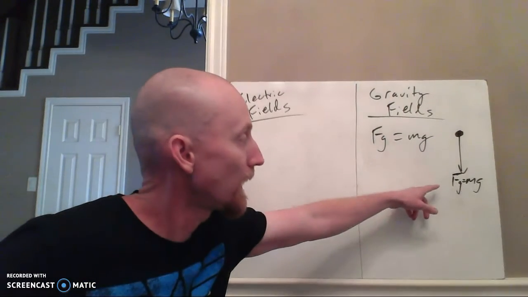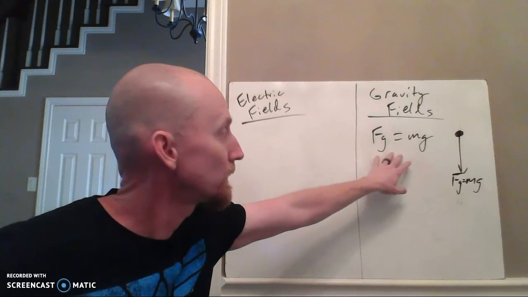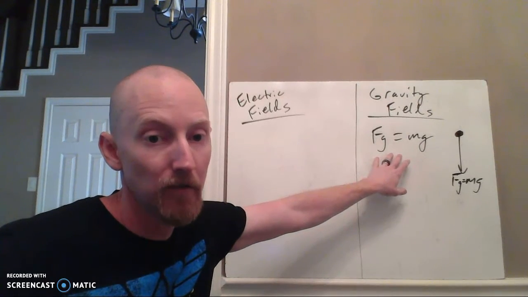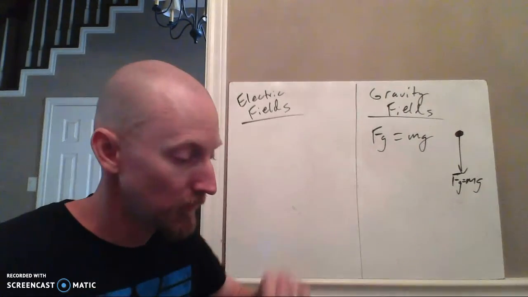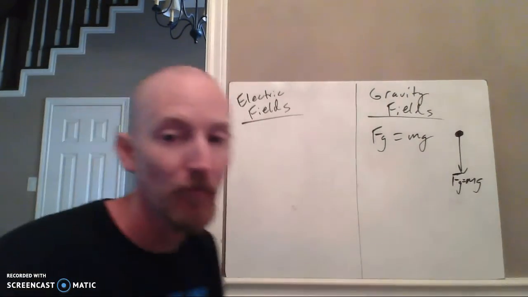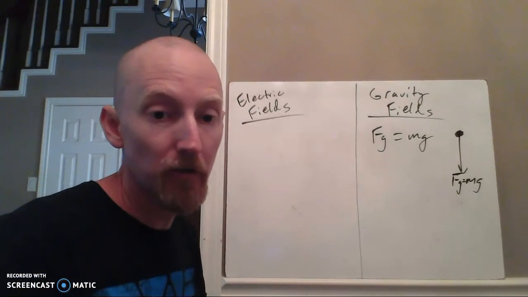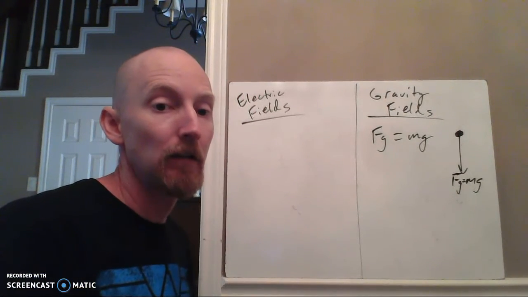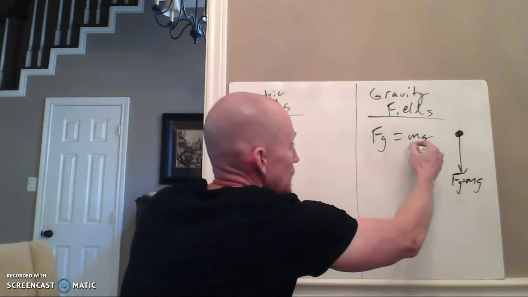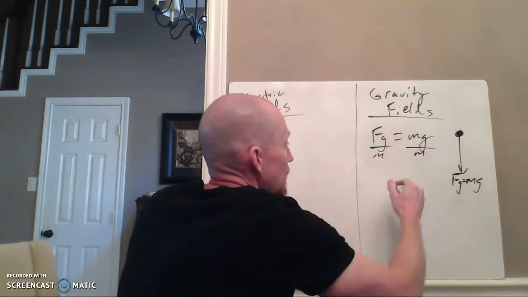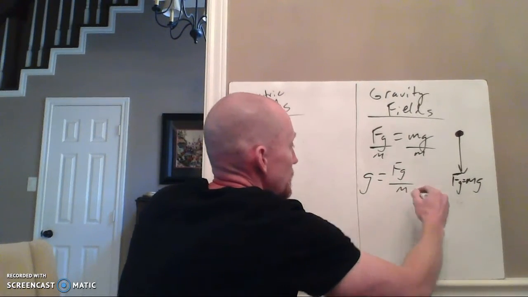And so we can draw a vector representing this. Of course, I have you guys trained. That's the gravitational force due to Earth, yes, on that particular thing. Now, what g is, it's actually called our gravity field strength. If I divide both sides by m, then I get this equation g equals Fg over m.